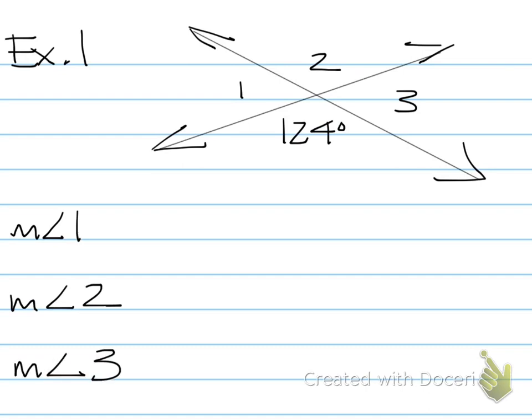In this figure, angle 2 forms a vertical angle with the 124 degree angle, so angle 2 is also equal to 124. Now angle 1 and 124 are adjacent. Their non-common sides form a straight line, so they're supplementary.